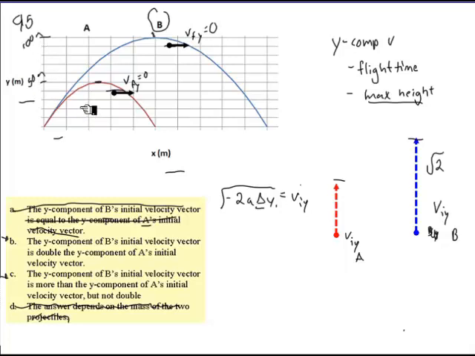Solve for VIY in both of those cases. So plug in 100 meters: the square root of negative 2 times negative 9.8 times 100. You get a velocity of 44.27.